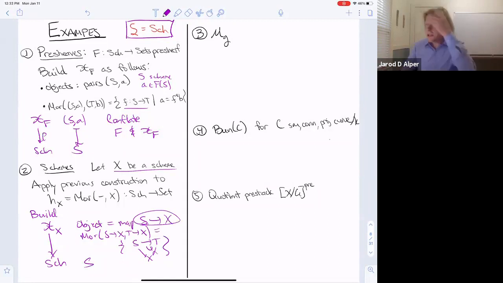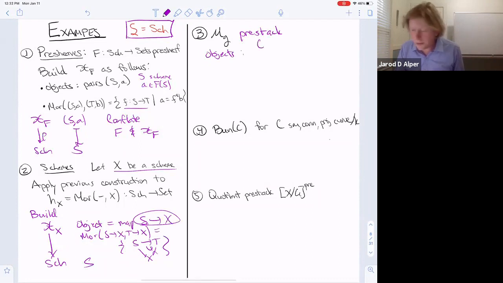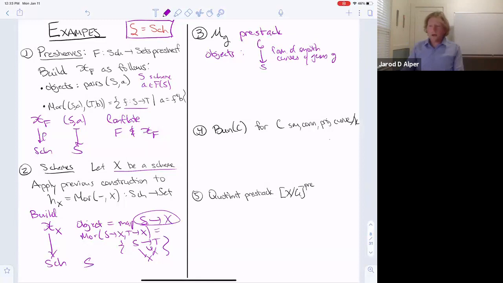But now turning to M_g, this is our primary example in the class, and now we're defining it as a prestack. So M_g as a prestack has objects that are just families of smooth curves of genus g over S, where S is a scheme.